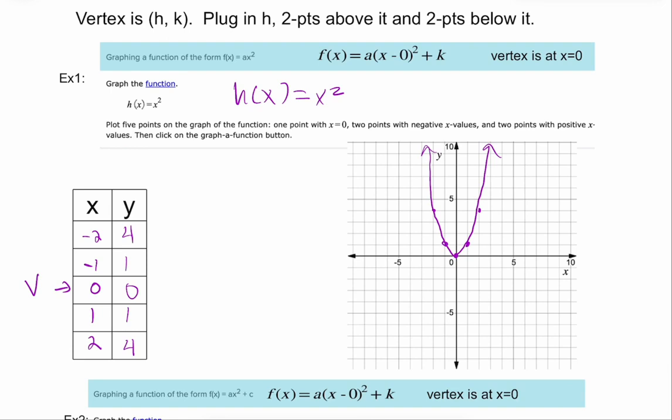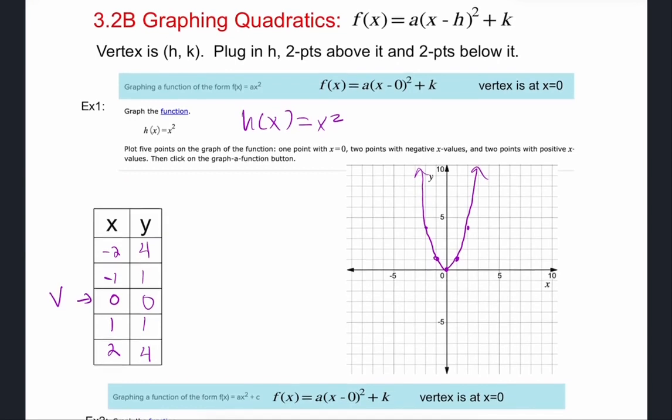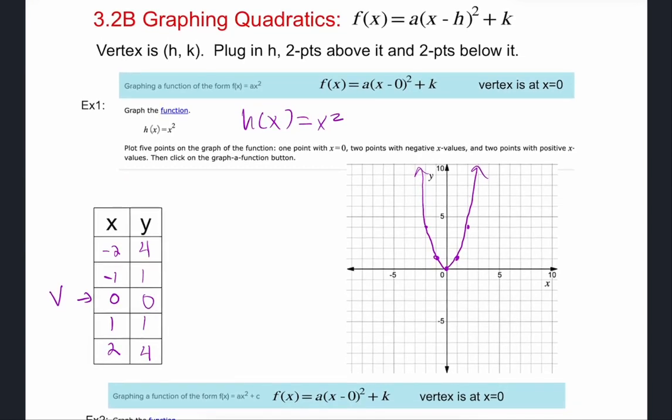So that is graphing example 1. Now that is our parent function, so that shouldn't have been much of a surprise as to what happened.